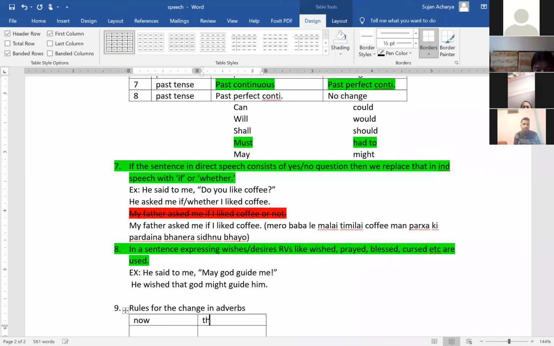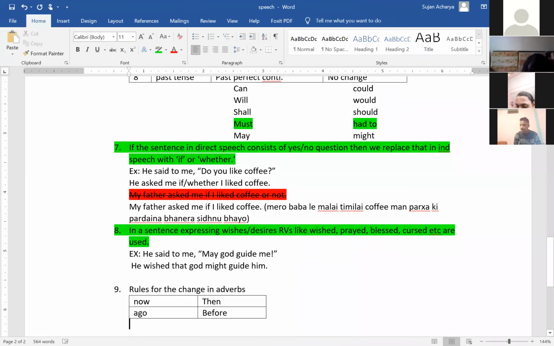Now changes into then, not than. Ago changes into before.